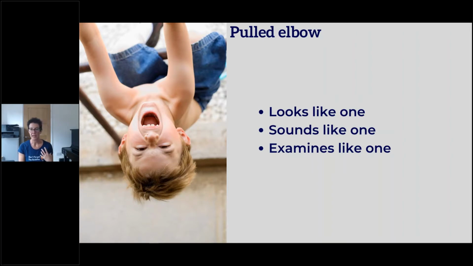What I mean by that is the child is generally not in pain, so they're playing, probably using the other arm. When you touch the arm, they're probably not in pain. They'll tolerate extension and flexion of the elbow, but they really won't like pronation and supination. If all of those criteria are met, then you can absolutely try to reduce the pulled elbow without X-raying.